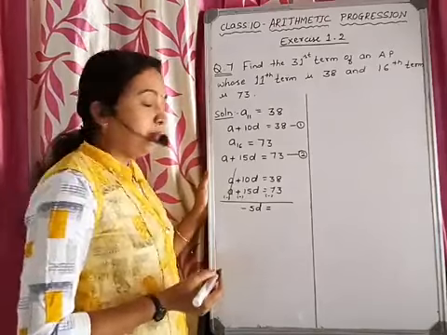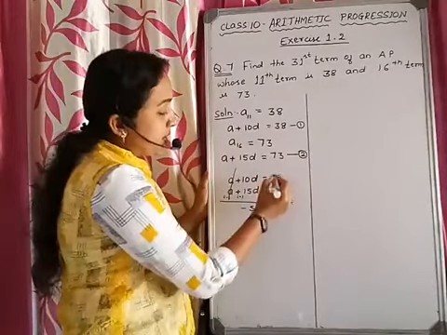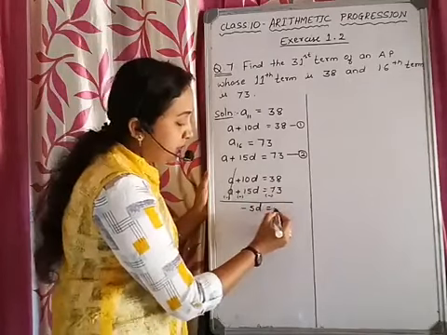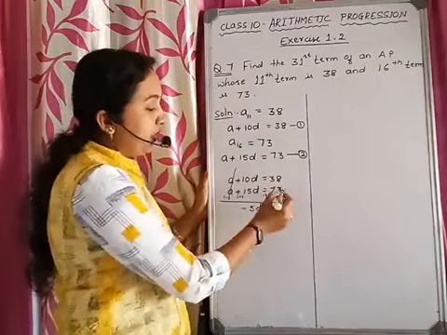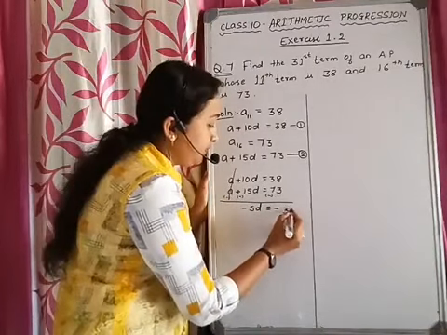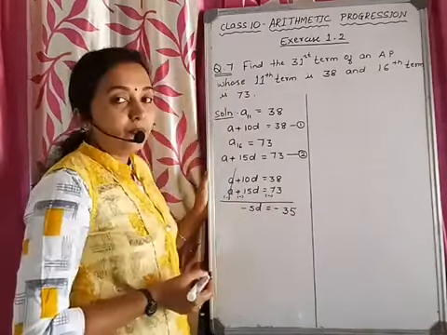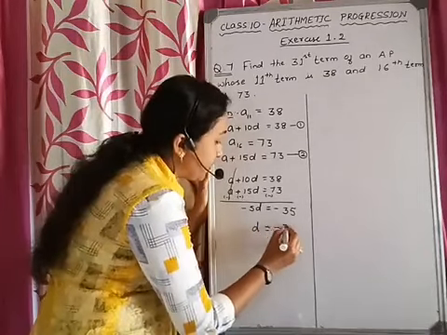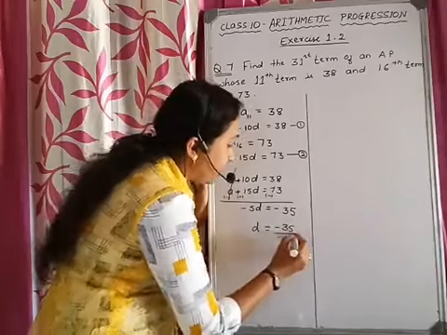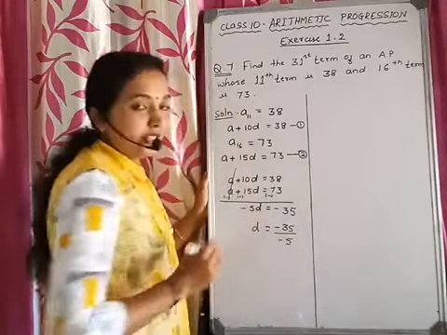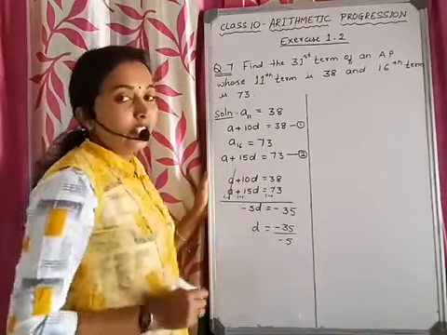Is it right, children? Okay. So here also 73 is a bigger number and the sign is minus. Put the minus sign. 73 minus 38, it is 35. Right, children? Okay. So d is equal to minus 35 divided by, shift minus 5 to this side, so it comes to the denominator.